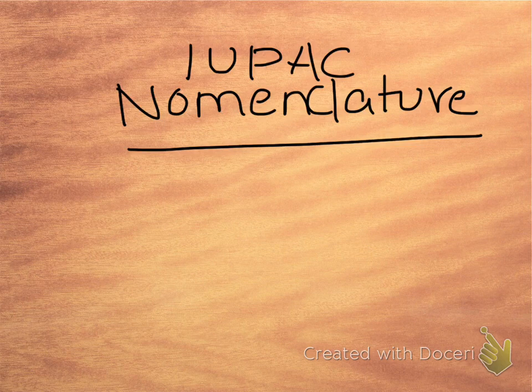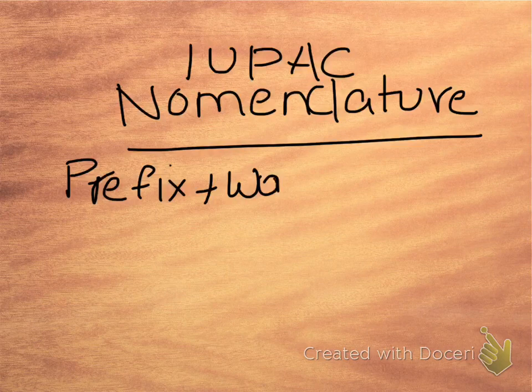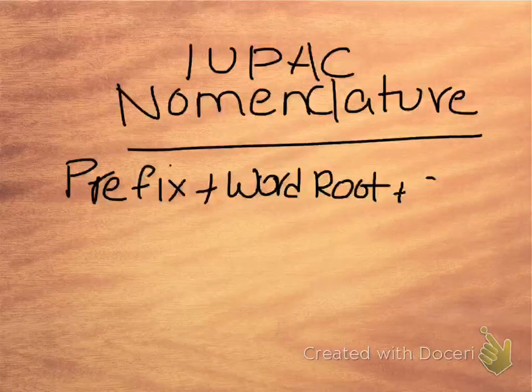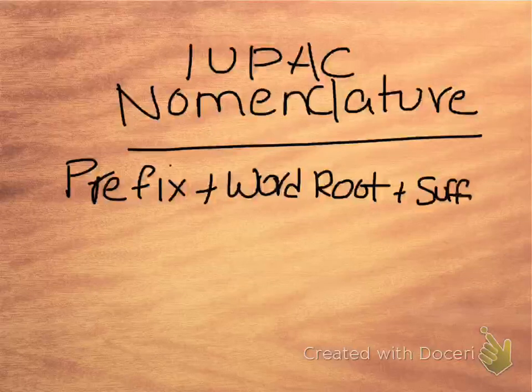Before that, let's go through the 3 things which are necessary. They are prefix, which is followed by word root, which is followed by suffix. These are important for naming a compound.